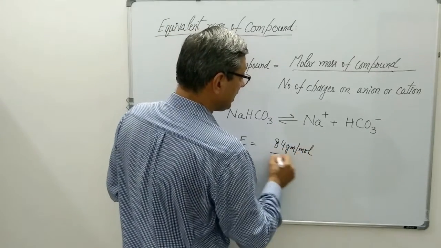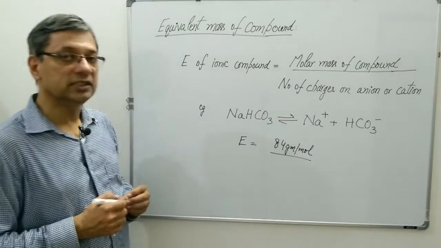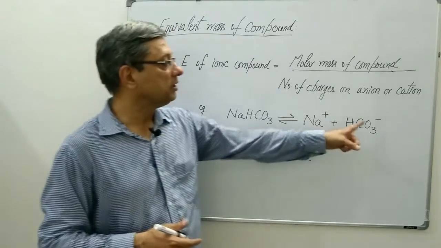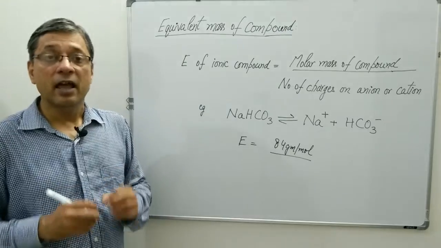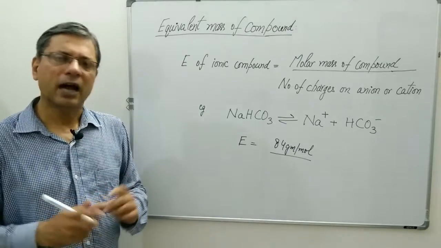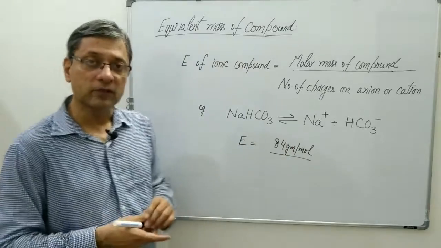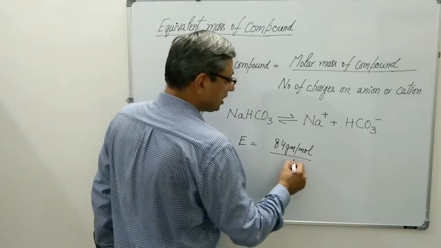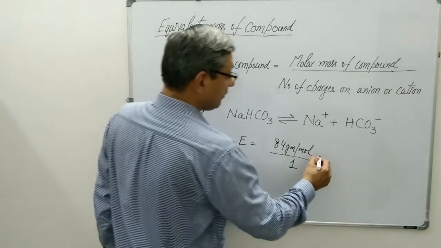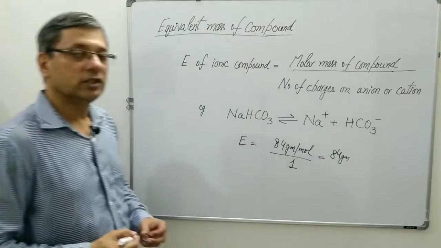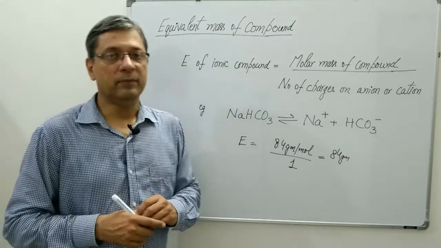And then I will write the number of charges on either the anion or cation. Here both anion and cation have an equal number of charges, so I have to take only either anion or cation. Suppose I take Na positive, then the number of charges will be how many? 1, and therefore the equivalent mass of NaHCO3 will be 84 grams.